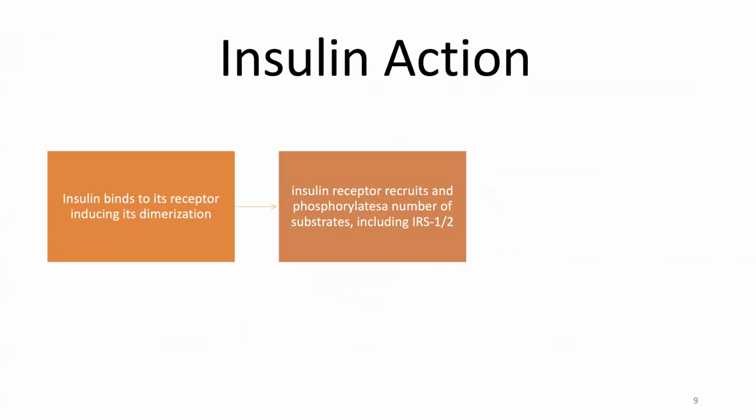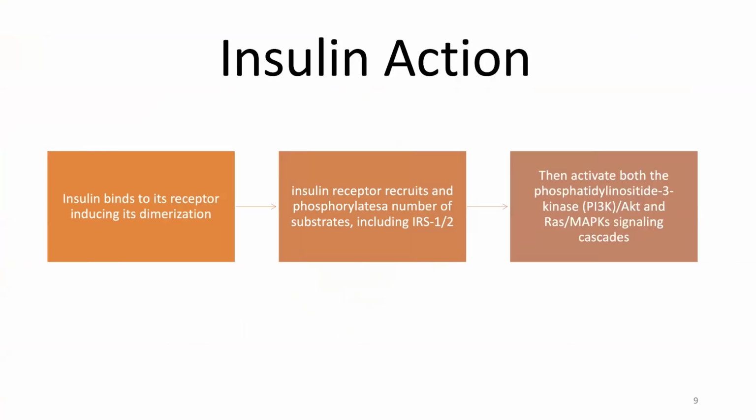Now, this dimerization of the beta subunit, which is the intracytoplasmic part of the insulin receptor, leads to phosphorylation of the various downstream signaling pathways in the form of IRS 1 and 2, which subsequently leads to activation of PI3K and AKT.